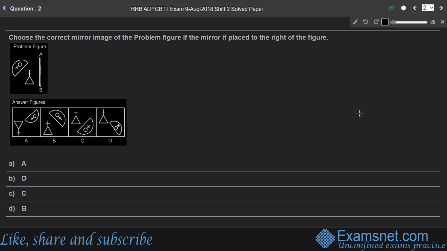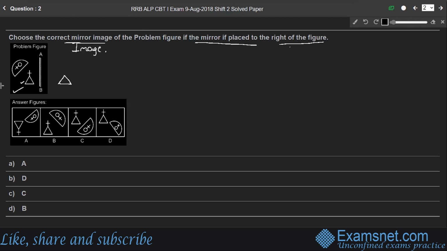Question number 2. Choose the correct mirror image of the problem figure if the mirror is placed to the right of the figure. This is the problem figure, and the mirror is placed to the right side of the figure. So here is a triangular part; the mirror image of the triangular part will be as it is.